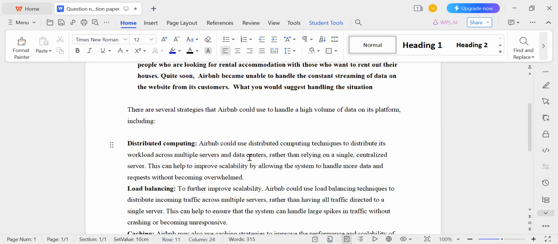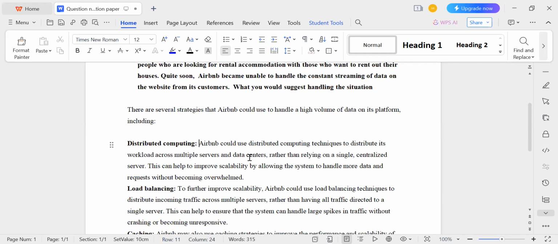Instead of putting all the work burden on one server, it will distribute its work over multiple servers. So instead of one server, work is given to many servers. This can help to improve scalability by allowing the system to handle more data.